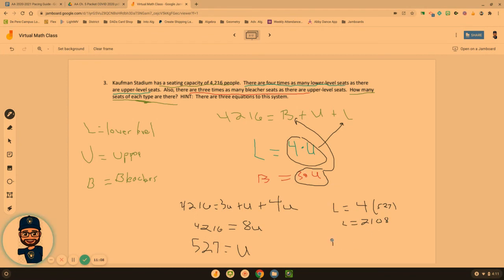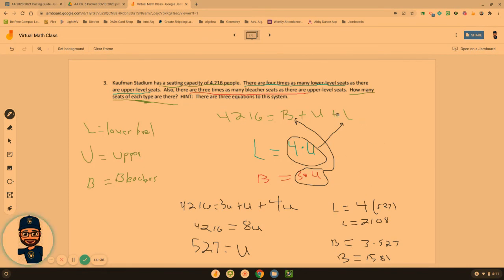My bleachers had to be 3 times U, 3 times the upper. If I take 3 times 527, I get 1,581. All right, I'm just going to double check my answers though by plugging them into this top equation, right?